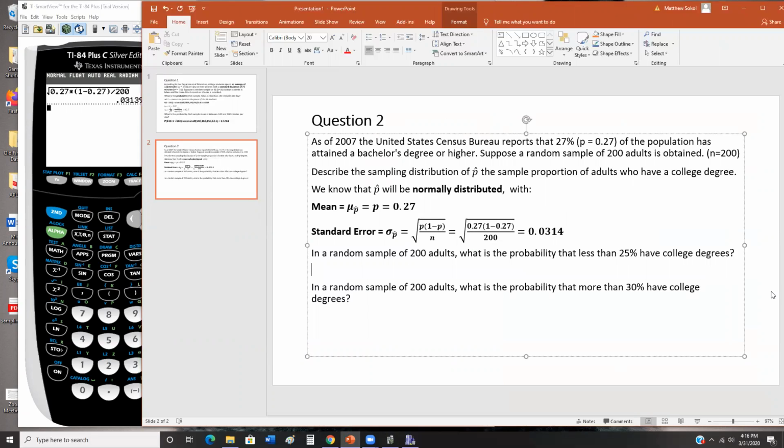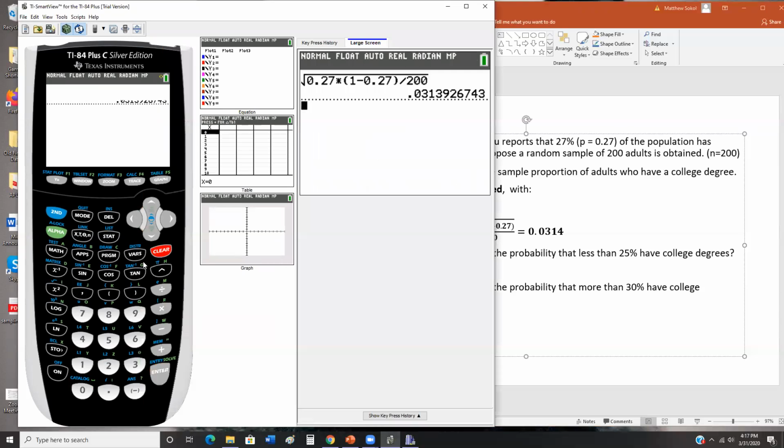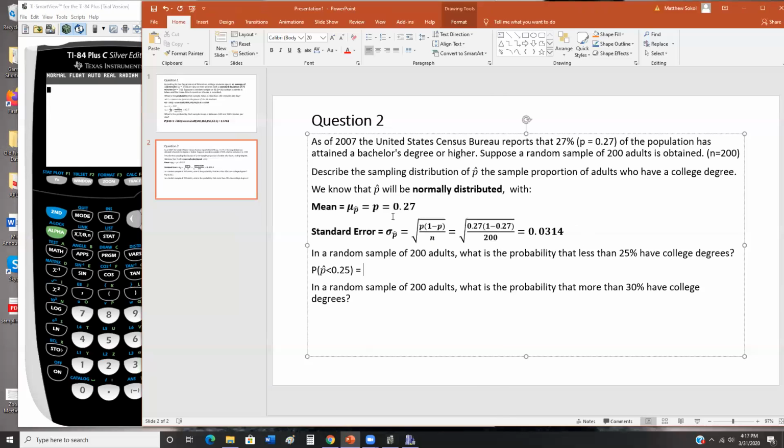What I'm about to show you is exactly the type of questions that are going to be on your quiz this week. So in a random sample of 200 adults, what is the probability that less than 25% have a college degree? So it's the probability p hat is less than 0.25. You're going to solve this exactly like we did with the mean, just using these values here.